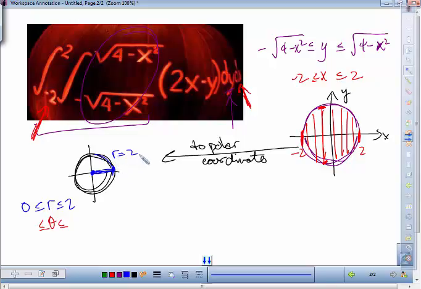And then we're going to take our angle, start with 0, and then imagine going all the way around. So our slices will be in angles going to 2 pi.